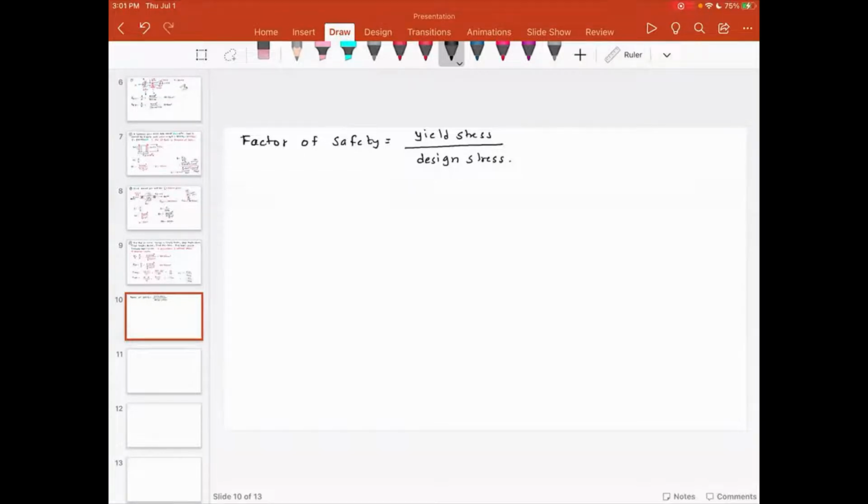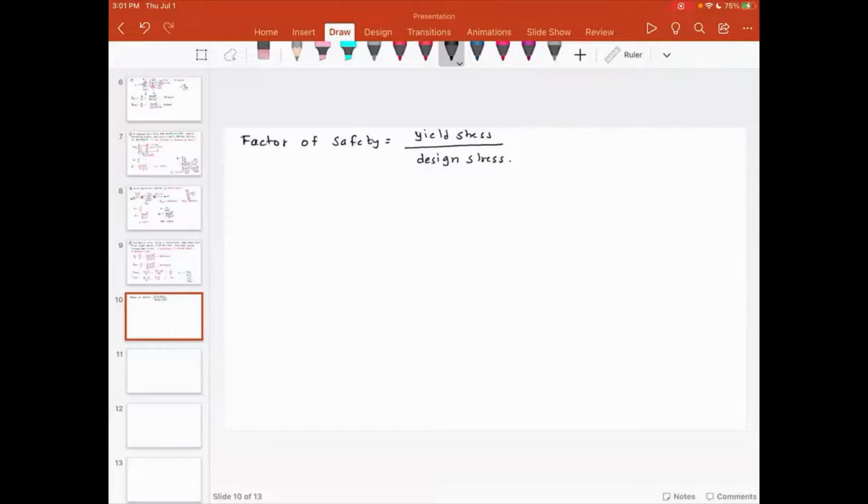As an engineer, when we are trying to design a component, or a structure, or a machine, we can't anticipate all the possible loading conditions that that component will be subjected to.